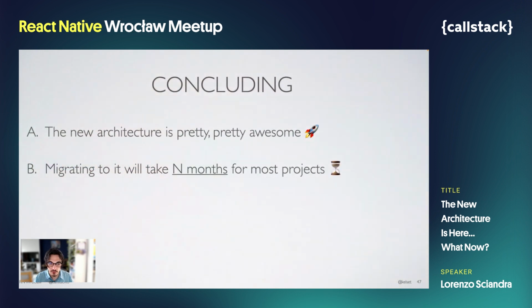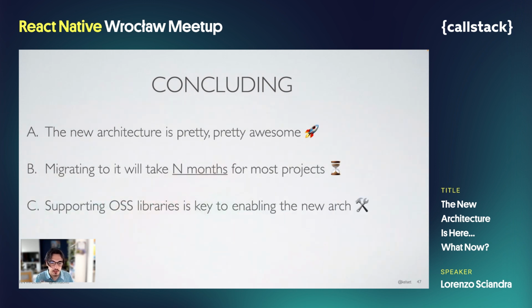Second, migrating to the new architecture will take a number of months for most projects. I think that if there's a takeaway that I want you to take back to your manager, to your colleagues, is hey, we need to start thinking about the new architecture now because it's going to take a number of months. And third, supporting the libraries that you use is key to reaching and enabling the new architecture in your project.